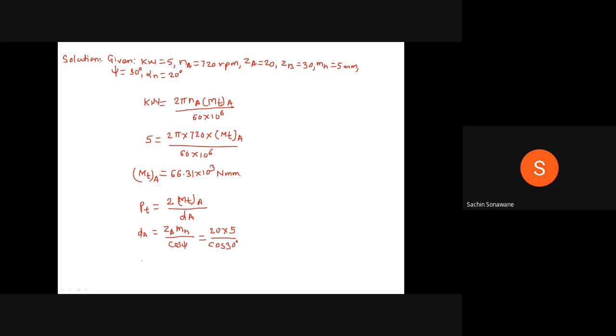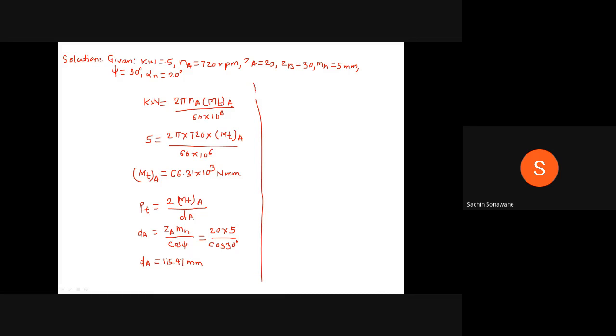What is the value of dA in mm? 115.47 mm.